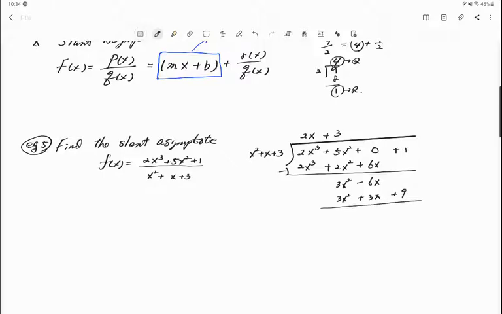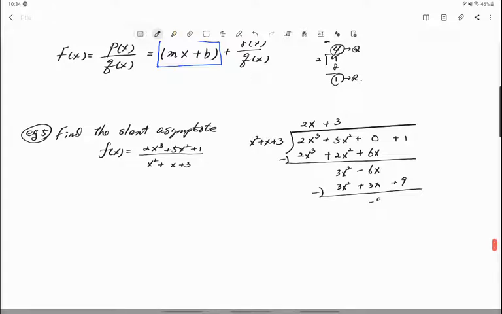Then subtract. The first one is 0, the second part is negative 9x, and then minus 9, right? Oh, sorry. Bring one down. So that will be negative 8.